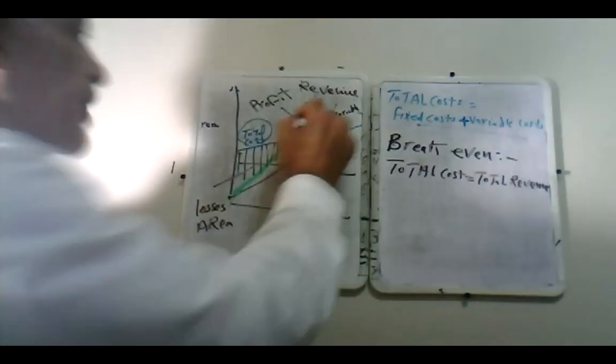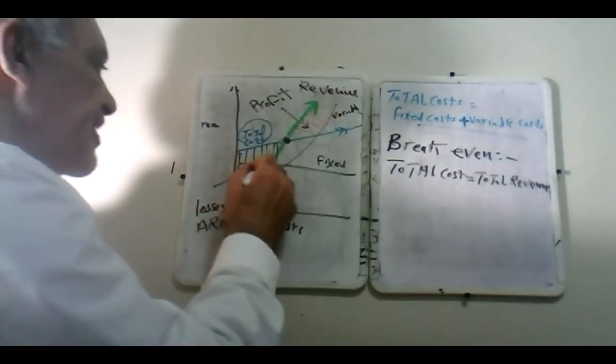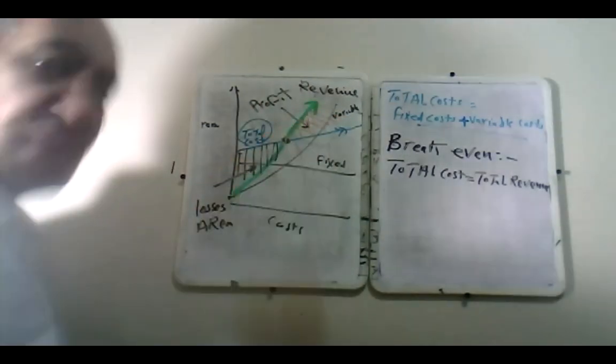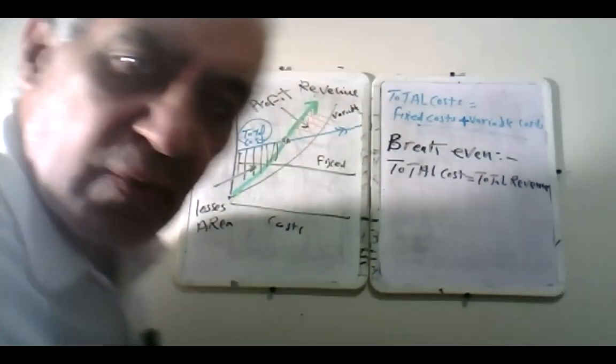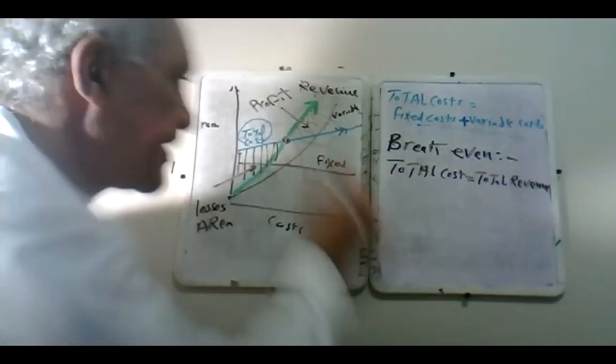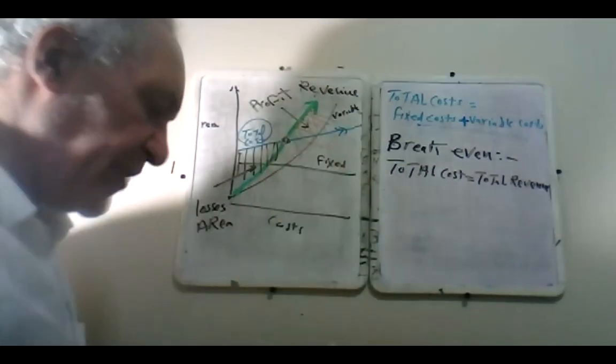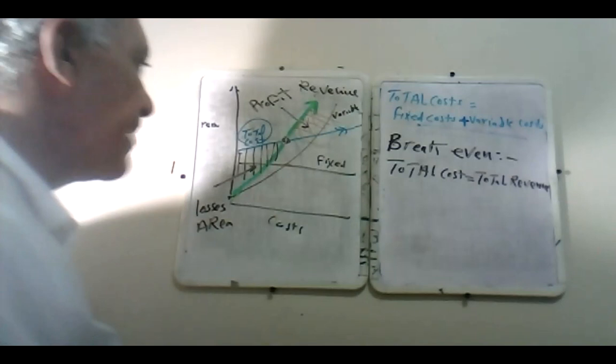So we have an area of losses before the break-even point, and we have a profit zone, which is the area of profits after the break-even point. And of course, this is the break-even point.